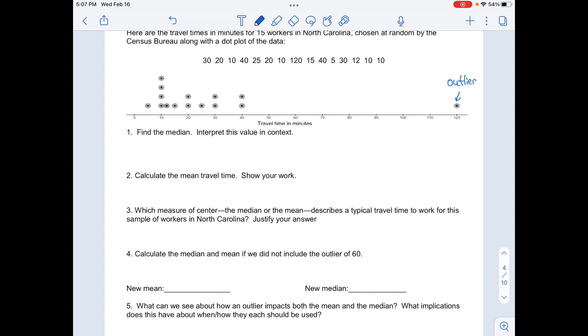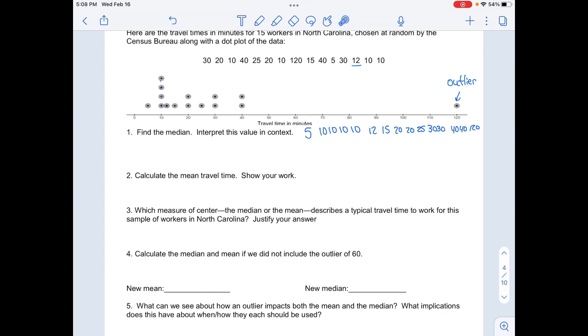Now, the easiest way to find the median when already given a dot plot is to just look at the dots and then compare it with the data. So I know this dot here is 5, and then these 4 are all 10s, and then I've got a 12, that's what this one is here, I might need to cross-reference, and then a 15, 2 20s, a 25, 2 30s, 2 40s, and a 120.